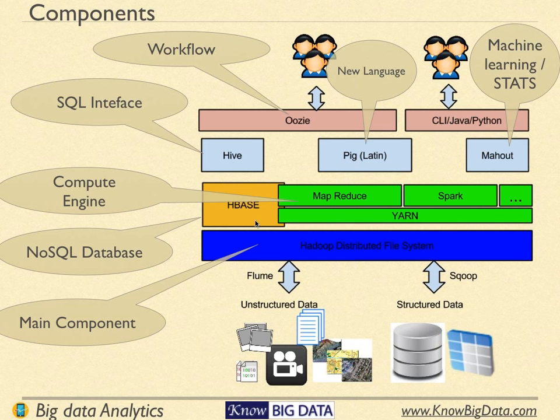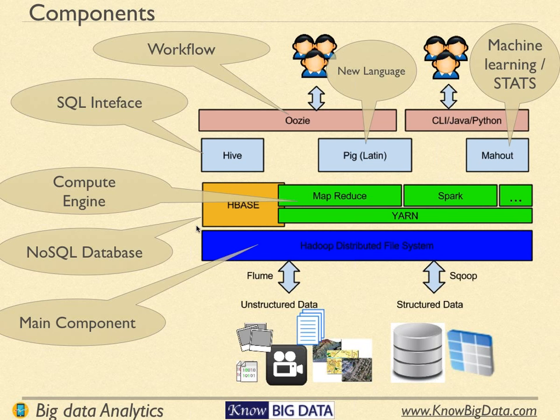HBase, the one you see on this side, is a NoSQL database. We will cover NoSQL databases probably tomorrow. The reason why we use HBase is to store hundreds of millions of records.